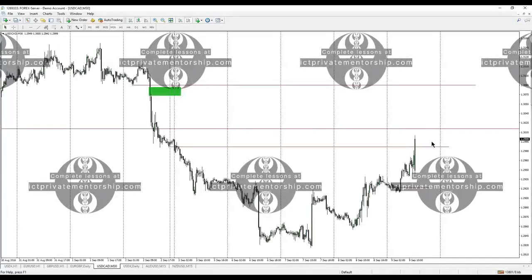If it expands and makes a new higher high today, and today's high so far is 130.05, so if we get back over 130.05 and we expand, say it takes out the next 10 round level, in other words 130.10, if we get back above that level, we don't want to see 130 give up. We want to see it stay above it. If it shows a willingness to get back below it, that's not good, and then they're probably going to look to close in this void here.